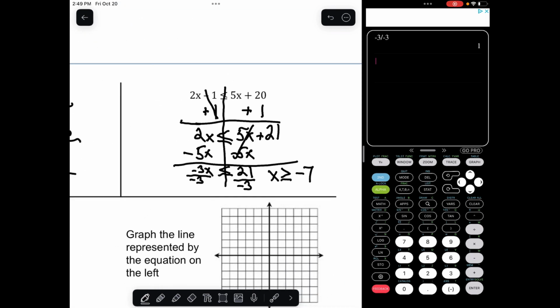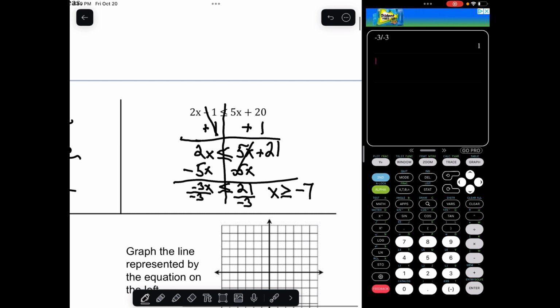I might want to make a note to myself. I might put a little star here that says flip when dividing by a negative. All right, and I might want to write that somewhere where it's not taking up a lot of space in my next question.